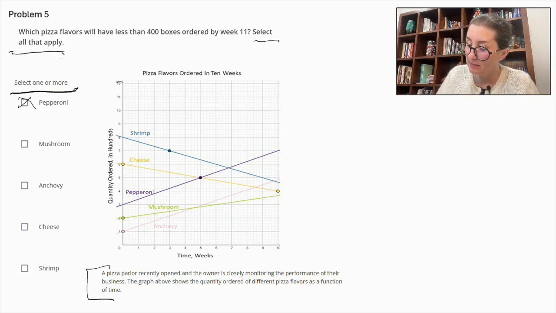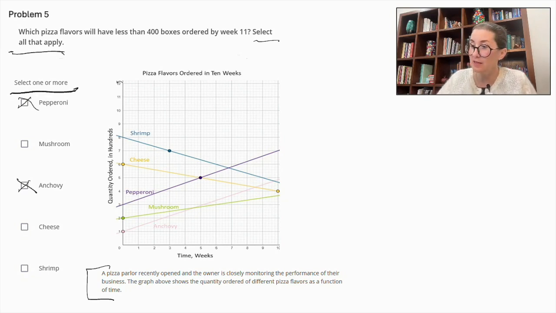We can eliminate that. Anchovy started at 100 in week 0 and is already at almost 500 in week 10, so we can eliminate that. The only other one is mushroom, but we are going to need to calculate that.